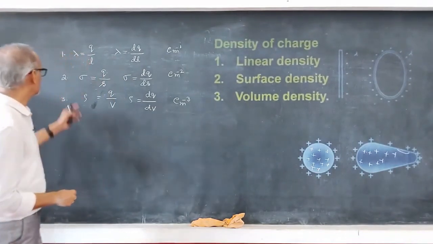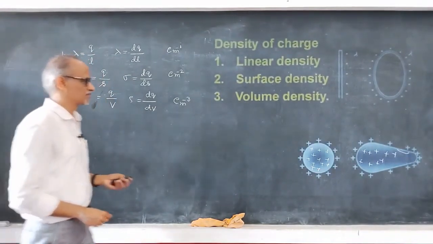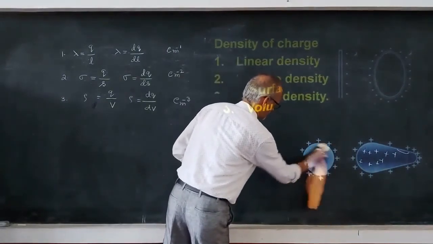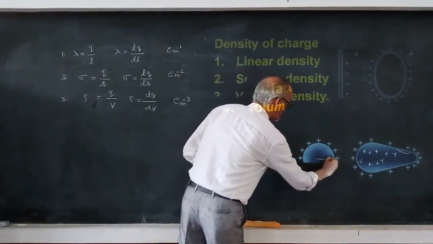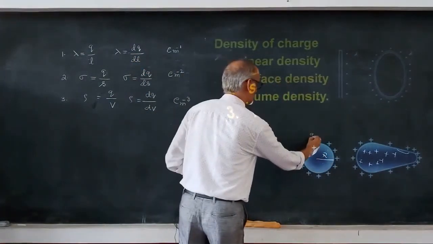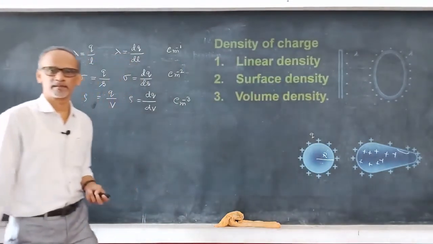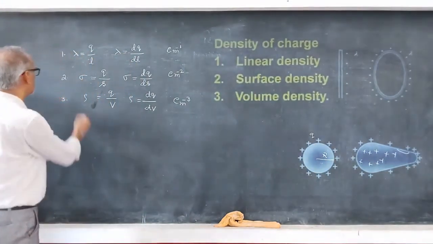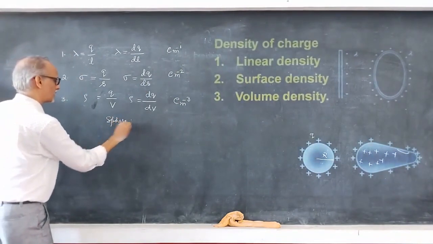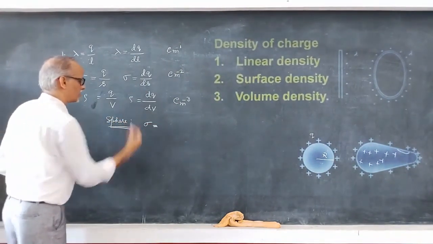Now, regarding surface density of charge, suppose I consider a sphere of radius r, and Q is the total charge distributed on the surface of the sphere. Then for the sphere, I can calculate the surface density sigma.